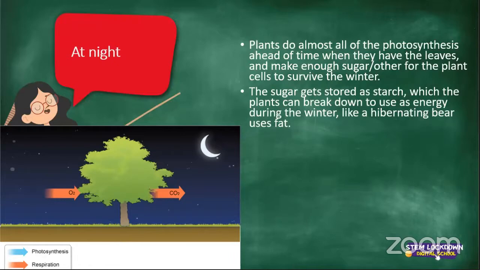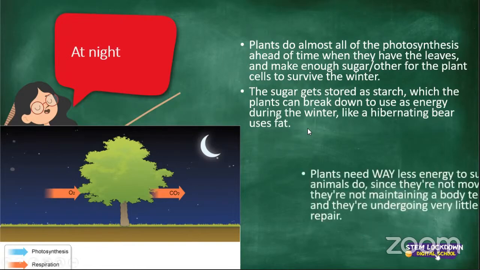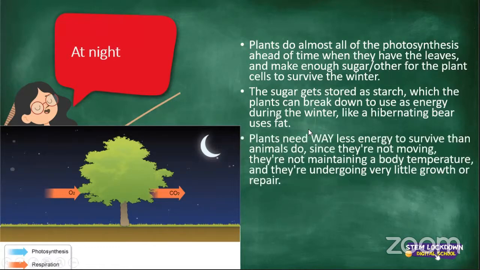So just like I mentioned, an animal that has to hibernate during the winter, when it's still hot, the bear would collect as much food as it needs to last it through the entire winter season. Now, plants, of course, need way less energy to survive than animals do.